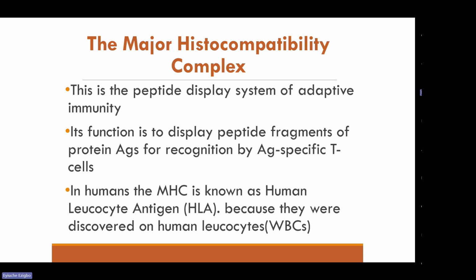It works with the adaptive immune system, where the processed antigens are presented on this complex for recognition and destruction by the T cells. That is what this definition is trying to highlight, and that in humans they are referred to as the human leukocyte antigen because they were discovered on human leukocytes, that is the white blood cells.